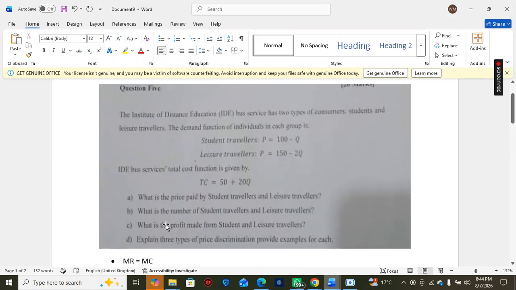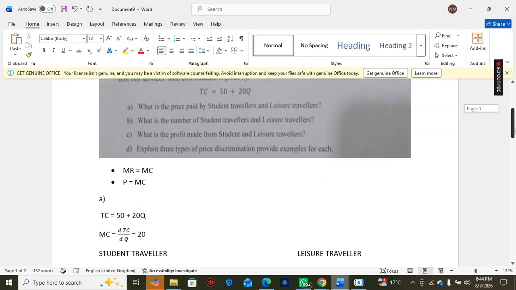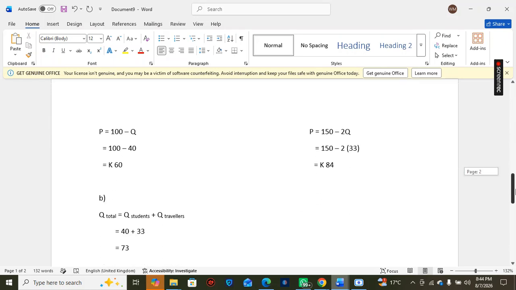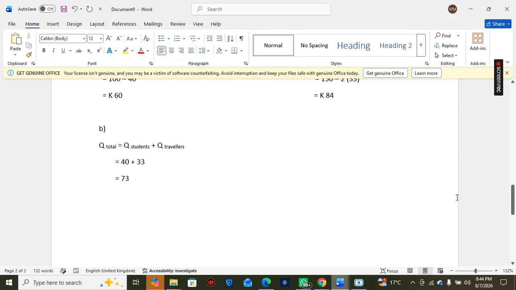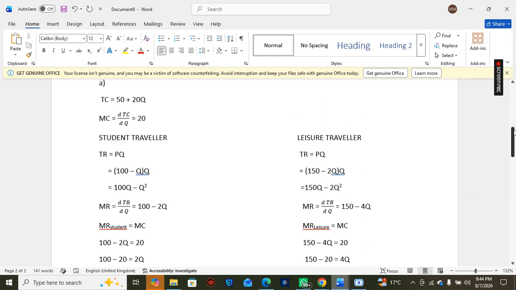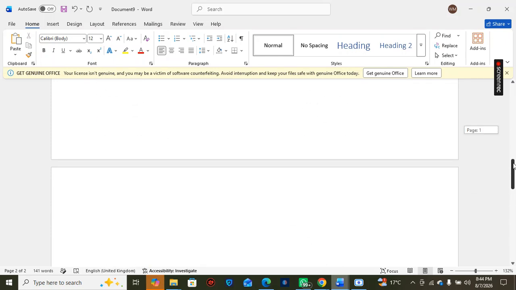Part C, what is the profit made from the student and leisure travelers? Okay, so first things first, we need to get our total revenue and our total cost to get the profit. Remember, profit equals total revenue minus total cost. So we can get the total cost first because it's 50 plus 20Q.